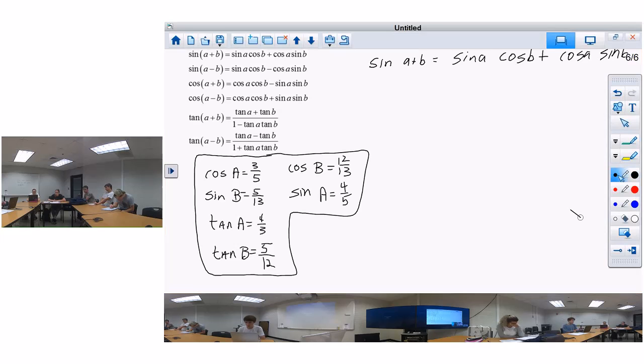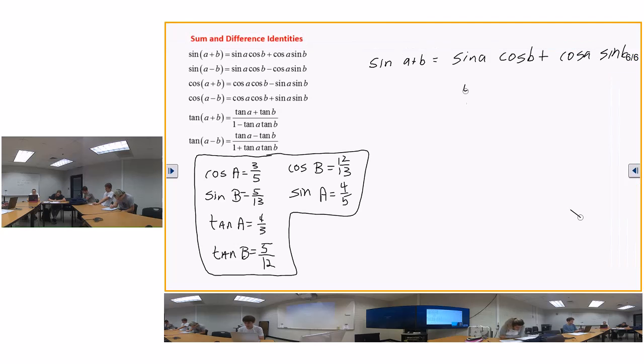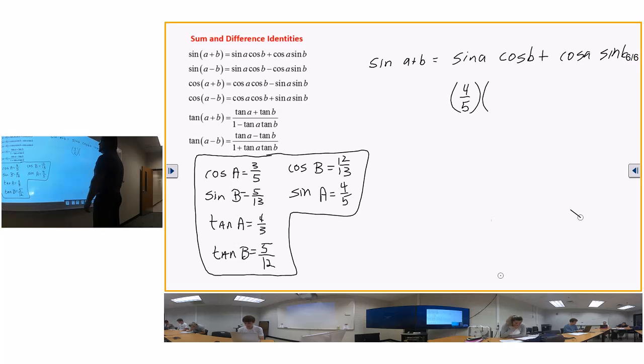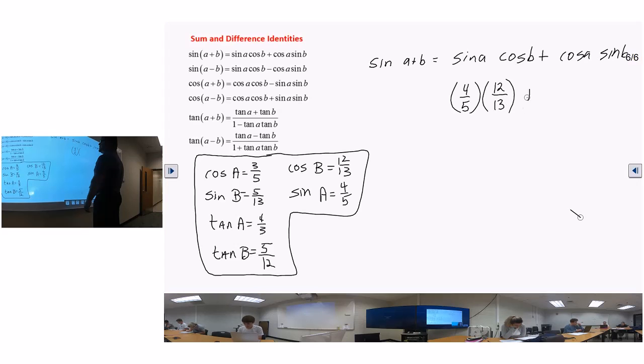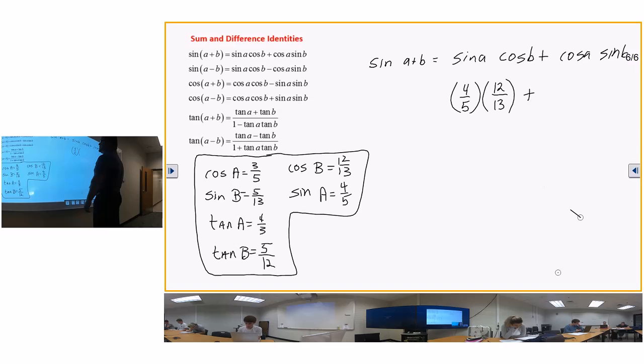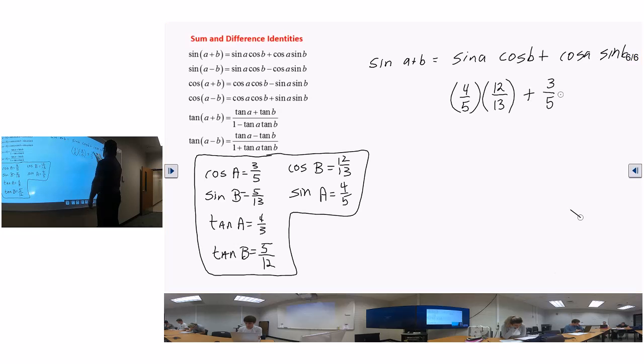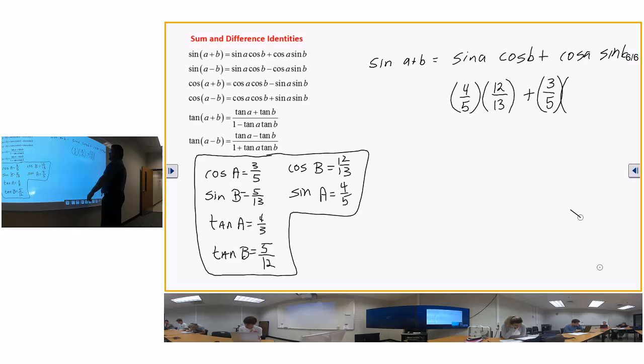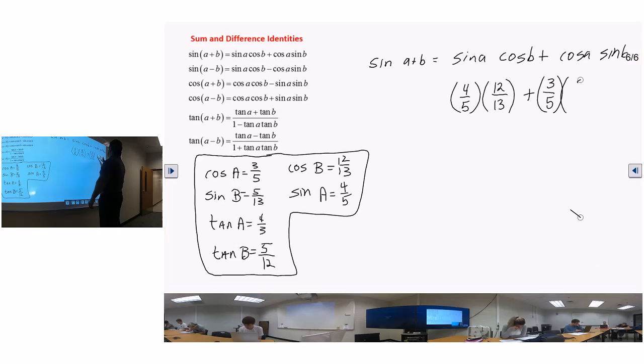So what is the sine of A? 4/5. What is the cosine of B? 12/13, plus the cosine of A, 3/5. Sine of B is what? 5/13.